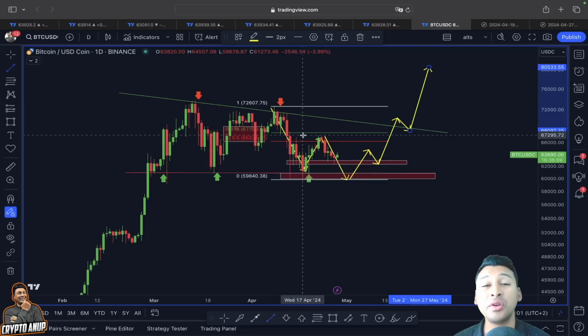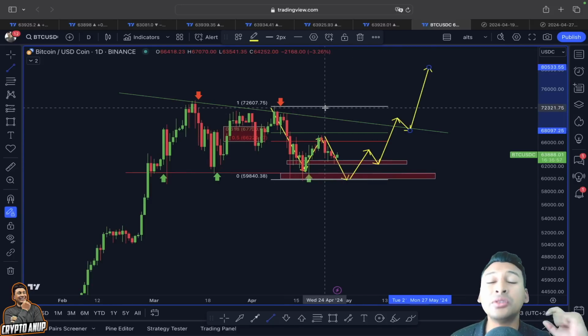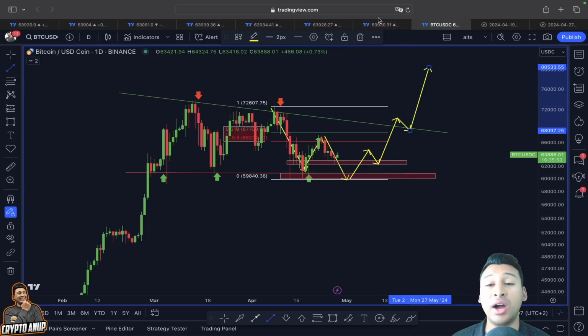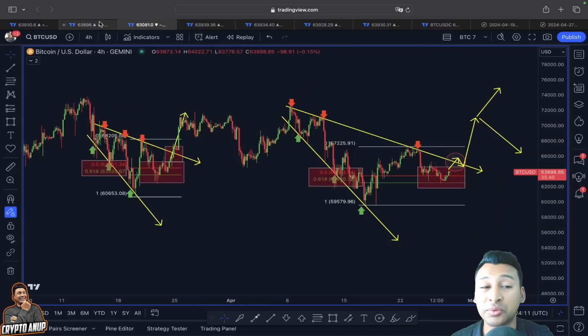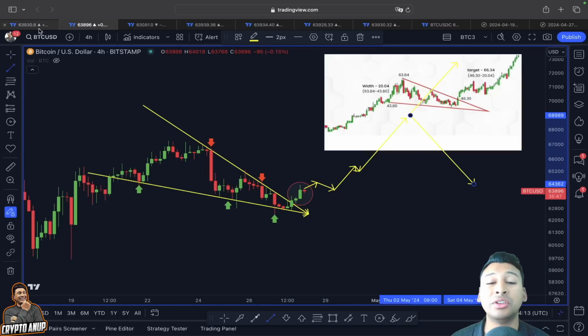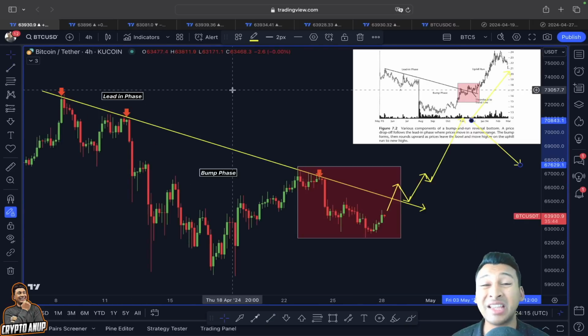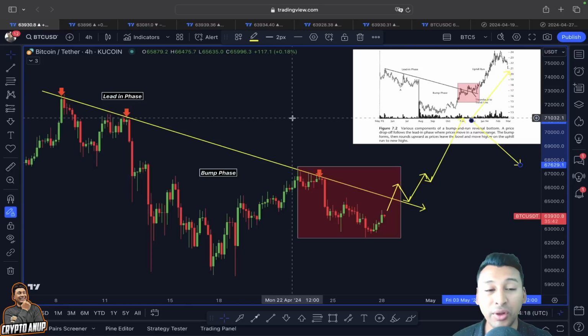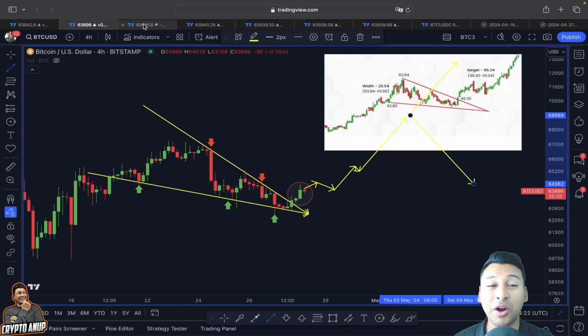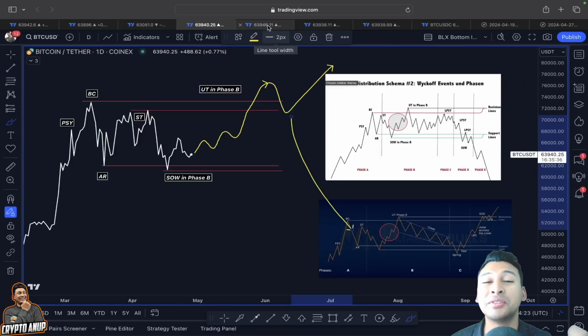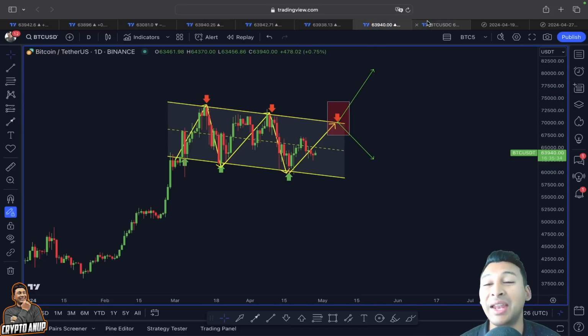I mean, price remaining above some key line could still turn the scenario upside down. So that's another reason why I suggest you guys simply zoom out if you have any doubt, because price remaining over 62, 63,000 in the medium short term, remaining over 60,000 in the bigger picture, means bulls have not been defeated yet. So please use proper risk management, proper position sizing if you are looking for any trading opportunity.